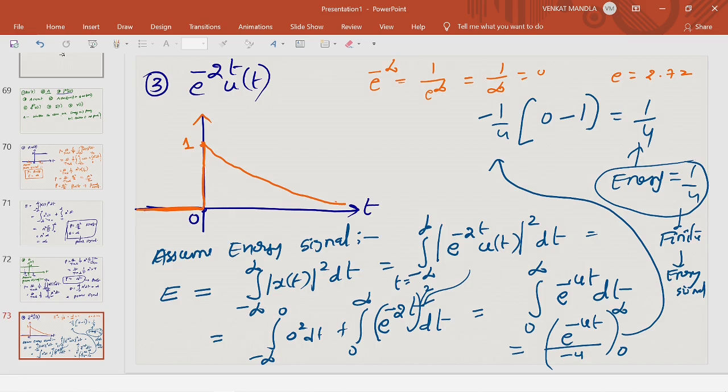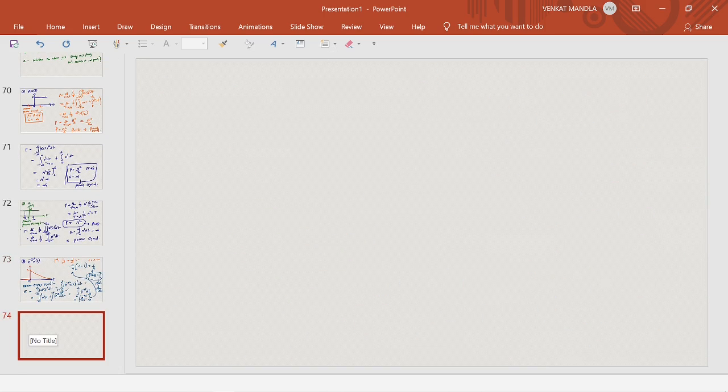Okay, energy signal. And one more thing, you have to show that the power of the energy signal is 0, right? So power P equals, how to get 0? The signal itself, power equals 1 by T limit.